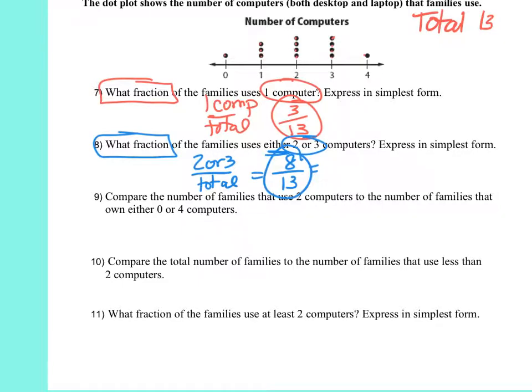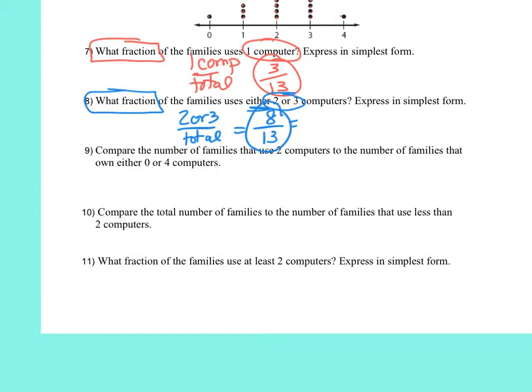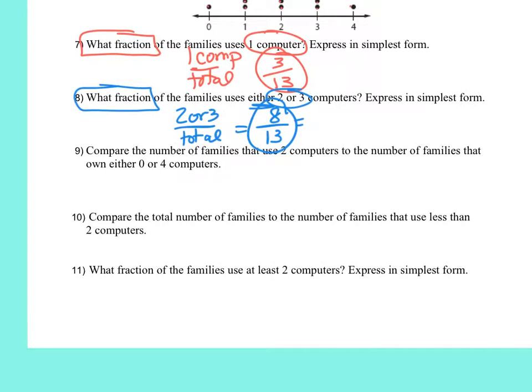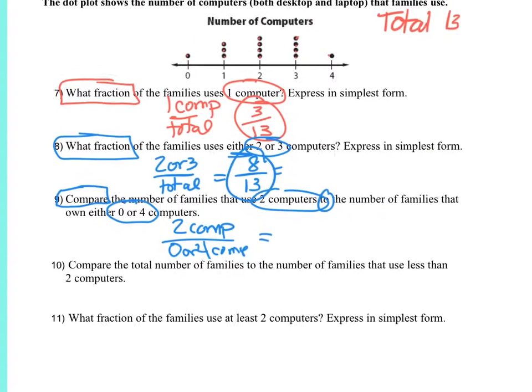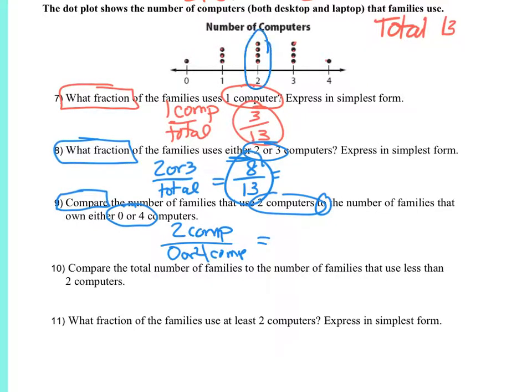Yeah, when your total is 13, that's kind of... Compare the number of families. Compare, okay? So compare the number of families that use 2 computers to the number of families that own either 0 or 4. So how many families use 2 computers? 4.